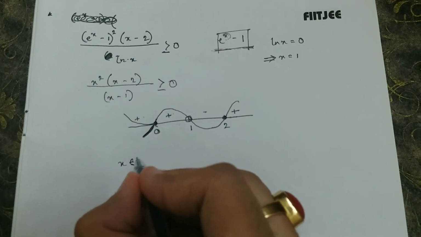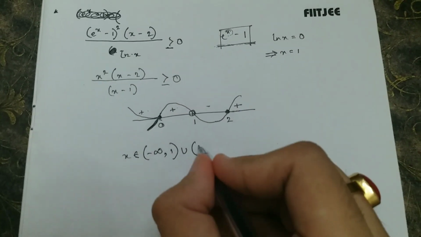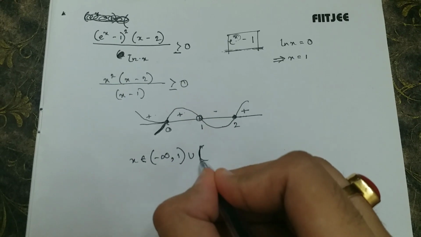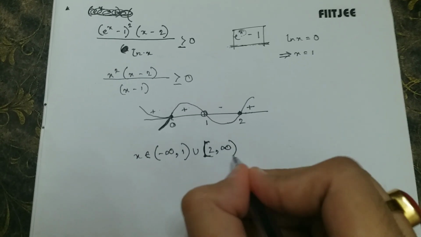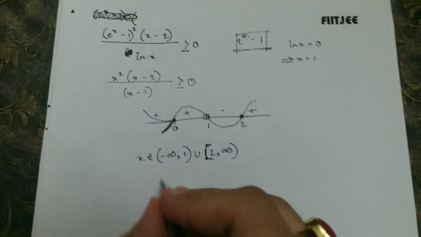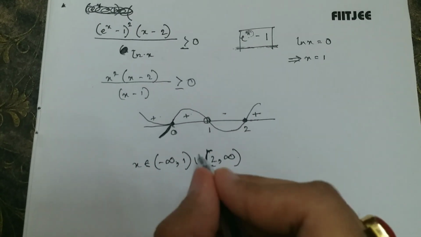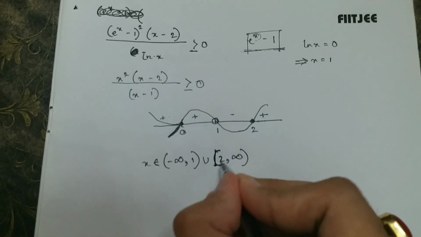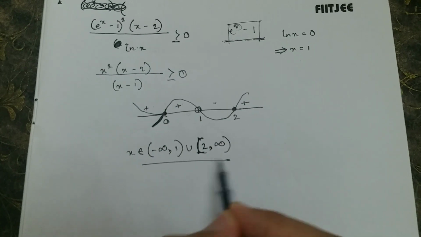So both 0 and 2 are included. x belongs to open interval minus infinity to 1, union closed interval 2 to infinity, and infinity we as usual give open interval. So this is the answer.